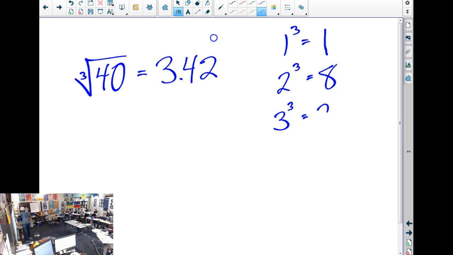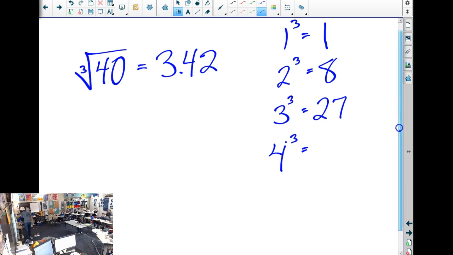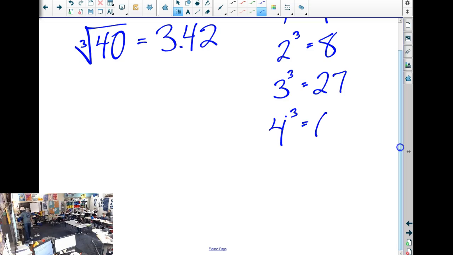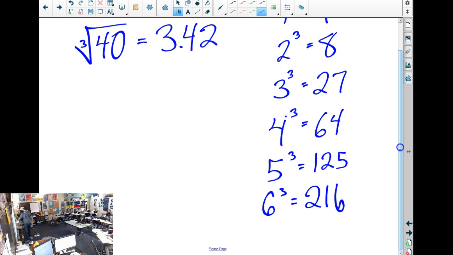Guys, I would write these down because you're still not very comfortable with these. Watch how quickly these get big. What's 4 times 4 times 4? 64. Look at this jump. Oh my. And you can write more out.